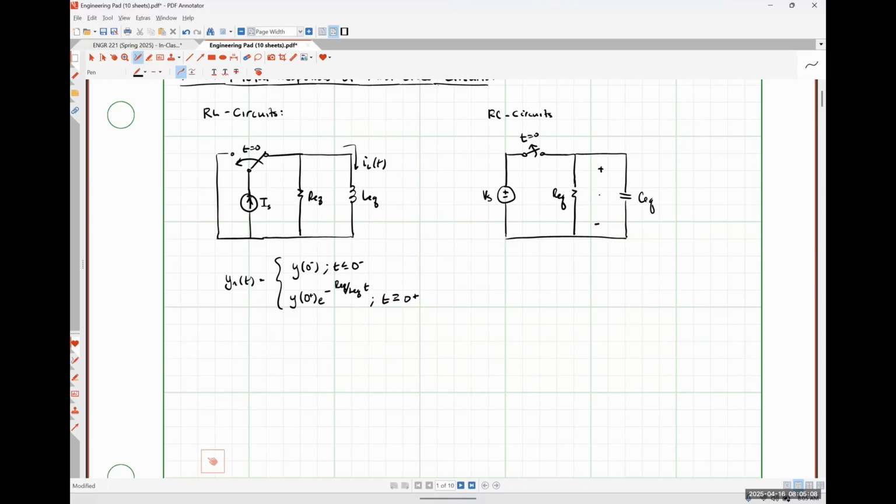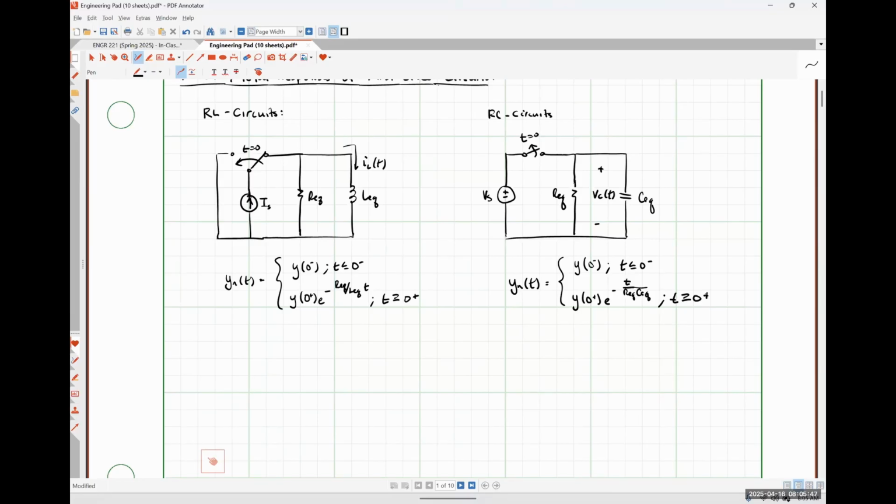And this is the voltage drop across our capacitor as a function of time. And because our capacitor voltage was derived to have an exponential decay, we found that our natural response for these systems looked generally like this, where we would have, once again, y at 0 minus for t less than or equal to 0 minus, and then y at 0 plus, e to the negative t divided by req times ceq for t greater than or equal to 0 plus.